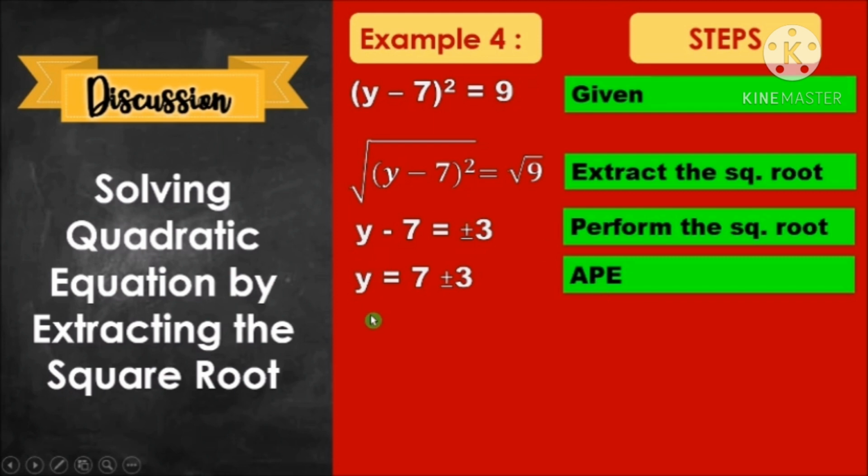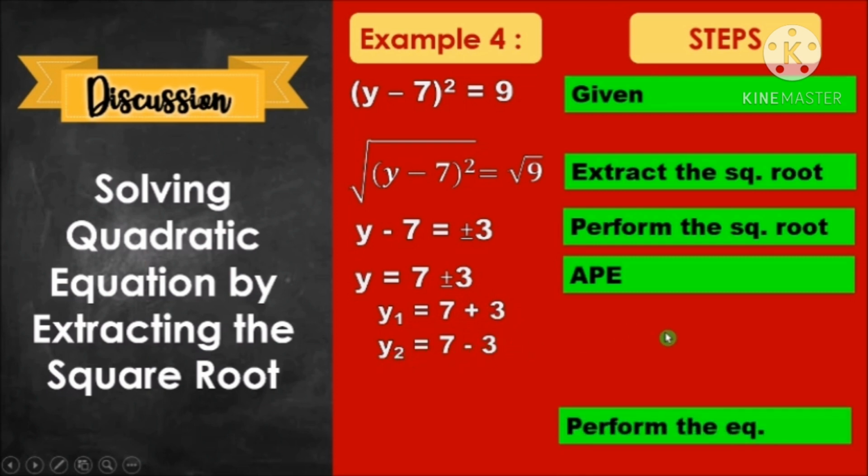And that will give us y is equal to 7 plus minus 3. Para makuha natin ang final answers, kailangan natin paghiwalayin ang plus at minus. So, y sub 1 is equal to 7 + 3, and y sub 2 is equal to 7 - 3.